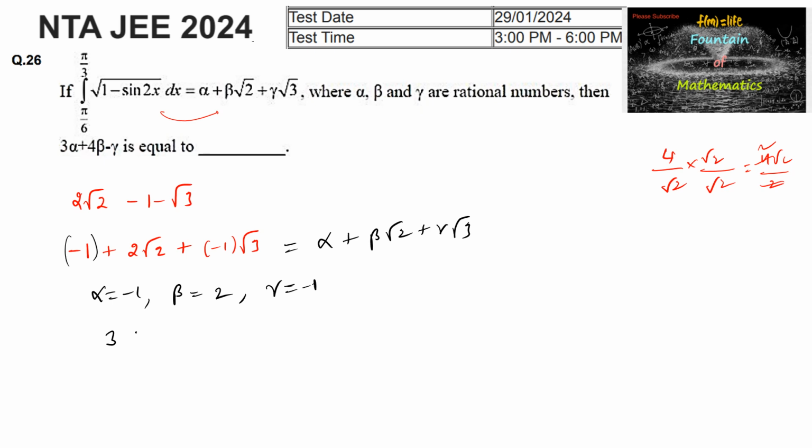Therefore, the sum 3 times alpha plus 4 times beta minus gamma is equal to minus 3 plus 8 minus of minus 1. So 5 plus 1, 6 is the answer. So we can go with the answer 6.